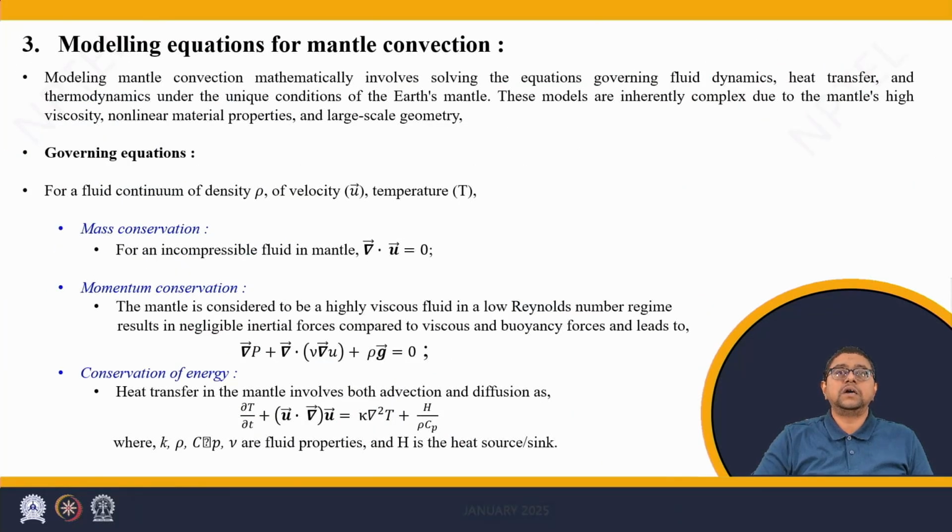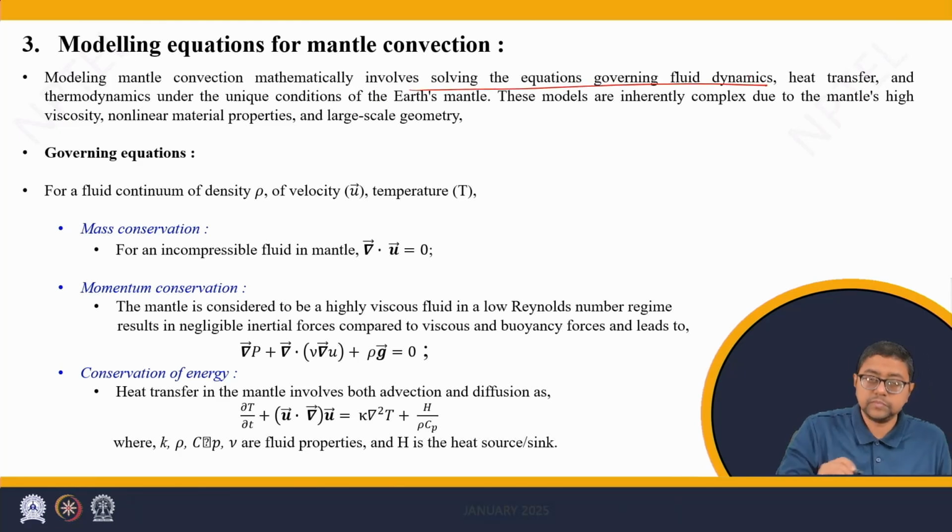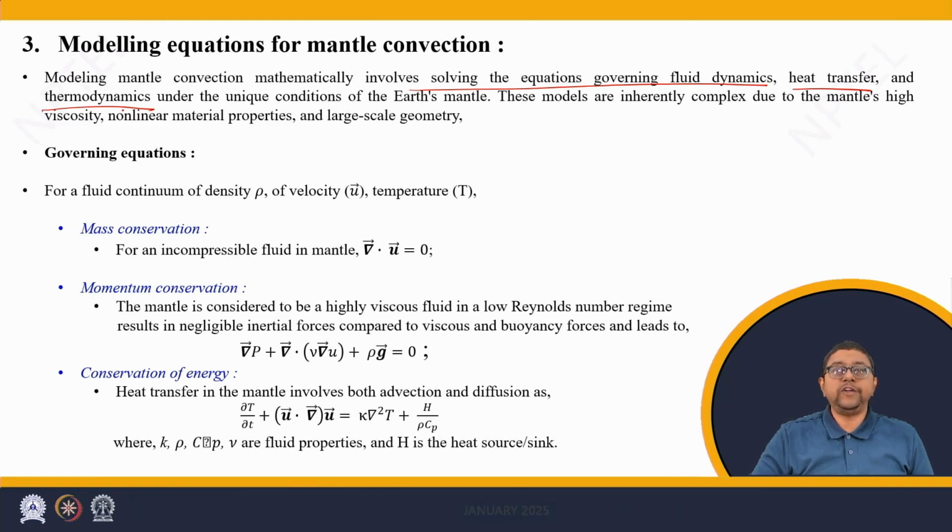Now let us go further to derive the equations for mantle convection. The equations for mantle convection involve governing equations for fluid dynamics, heat transfer and thermodynamics. We invoke the unique conditions of the Earth's mantle.